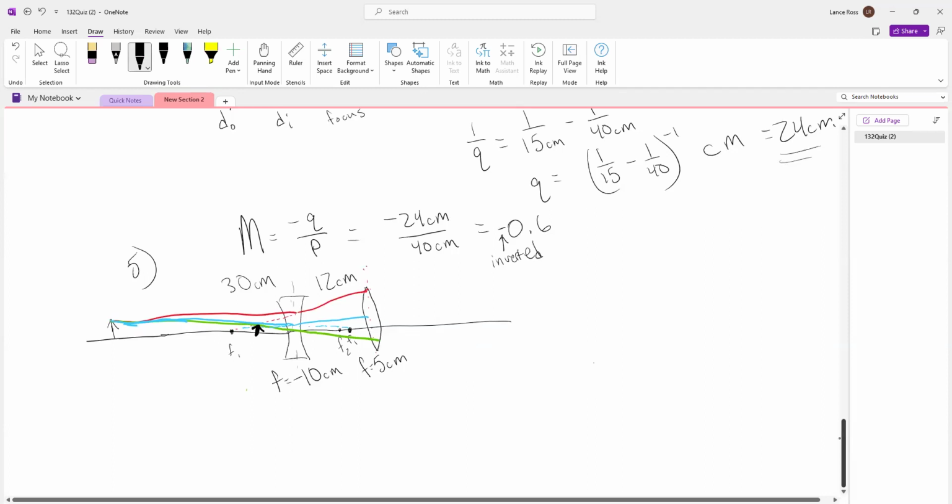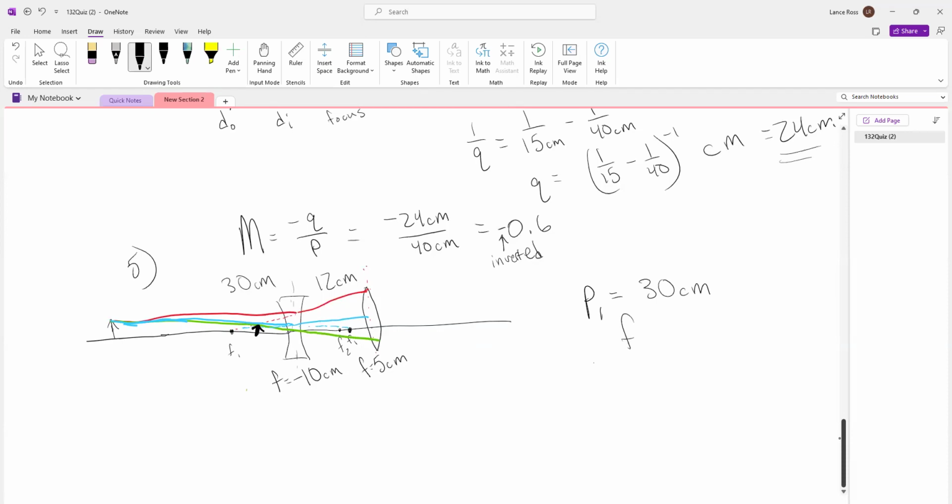All right, and then that is going to be the object for our second lens. So let's just do these calculations. If we look at the first situation, P1 was 30 centimeters, and F1 is minus 10 centimeters.